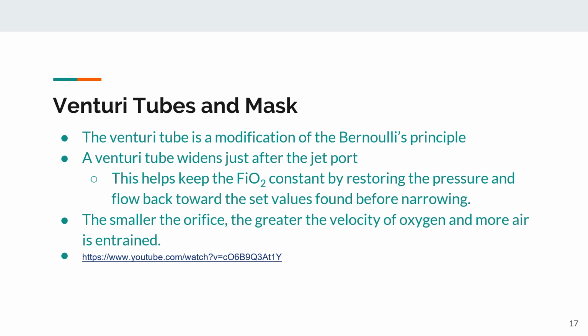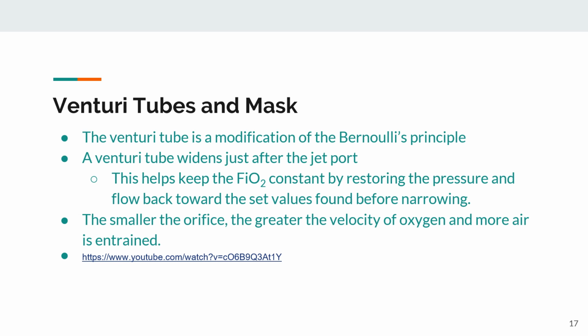Of course, they call it an entrainment mask, but you can set it at a specific oxygen setting. You can set them at 40% or 50%, 30%, 36%, and it's pretty much guaranteed to deliver that amount of oxygen. So again, the smaller the orifice, the greater the velocity of oxygen, and then more air is entrained.